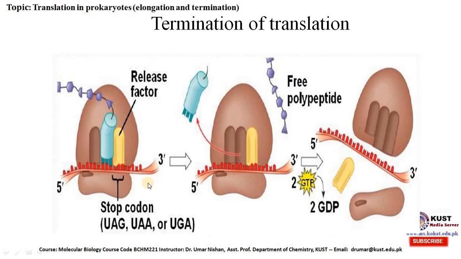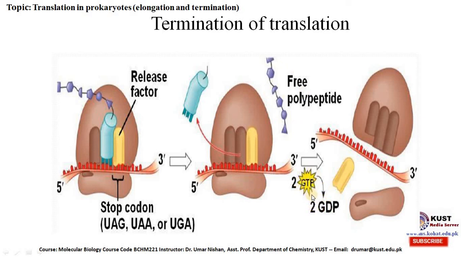So this is how the process looks diagrammatically. This is the newly formed chain. Here the system encounters stop codon UAG, UAA, or UGA. Now this is the result of encountering the stop codon. The free polypeptide is released.